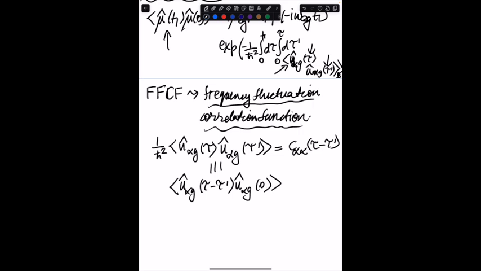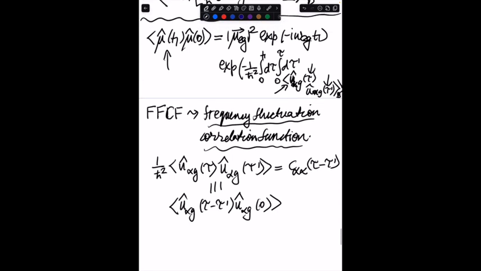Because these correlation functions are simply functions of the interval between these two time arguments, right?